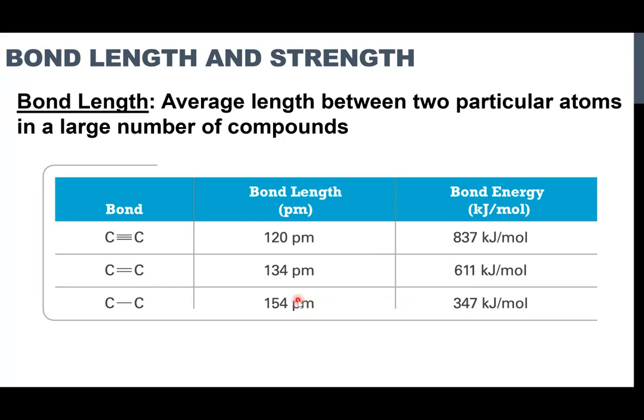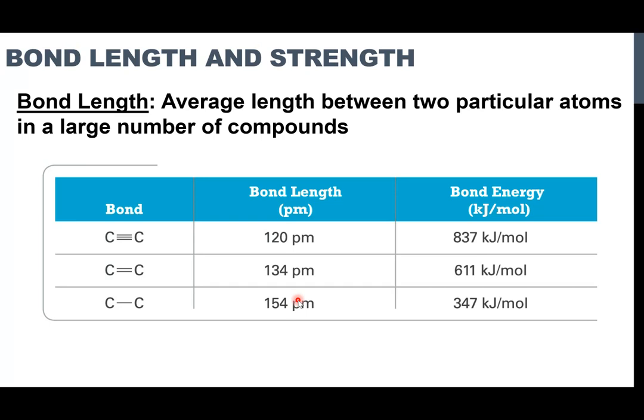So think about taking a string or a rubber band, and it's, let's say, 6 inches long. You fold that string or rubber band in half. It's now a double bond, a little bit harder to pull it apart, and it's now half the size, right? Now it's a 3-inch piece of string.